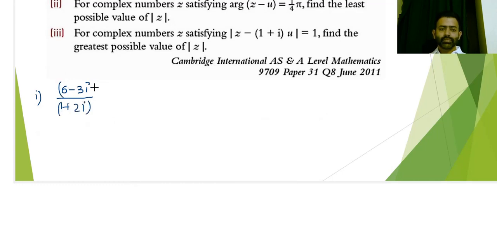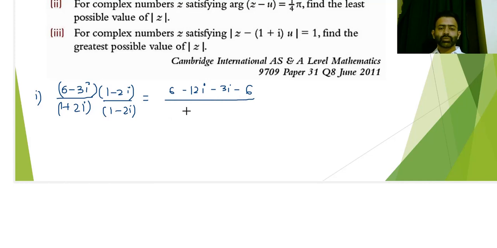Okay, multiplying this by its conjugate, so it is 1 minus 2i, 1 minus 2i. In the numerator you will get 6 minus 12i minus 3i, and this is plus 6i square, which means minus 6, and in the denominator we have a square plus b square, which is 5. 1 square plus 4 is 5.